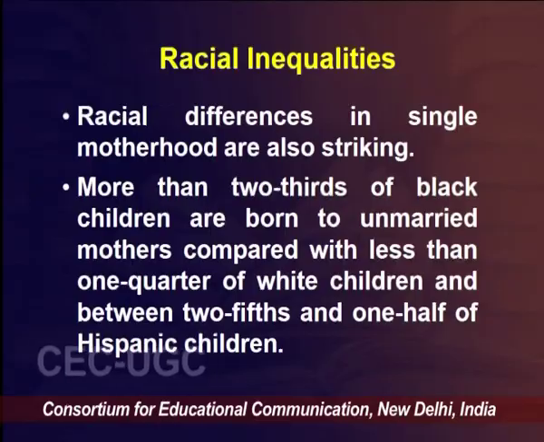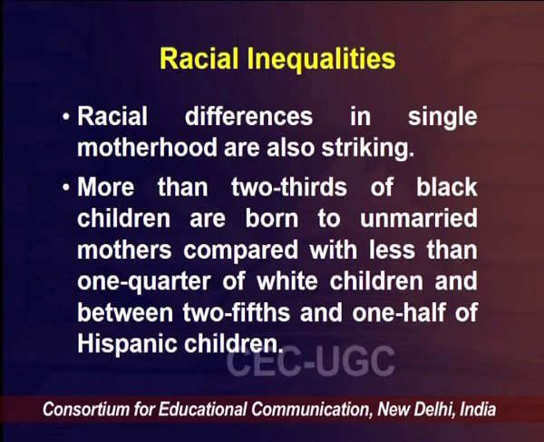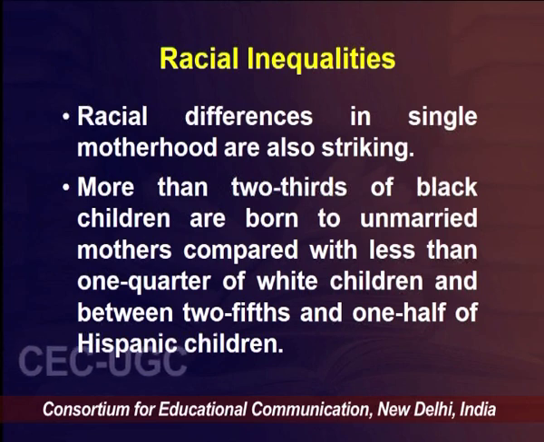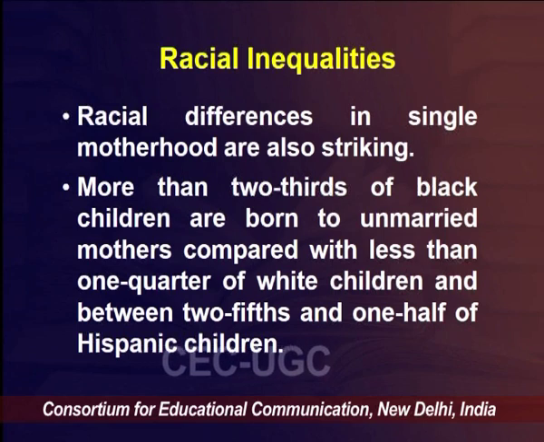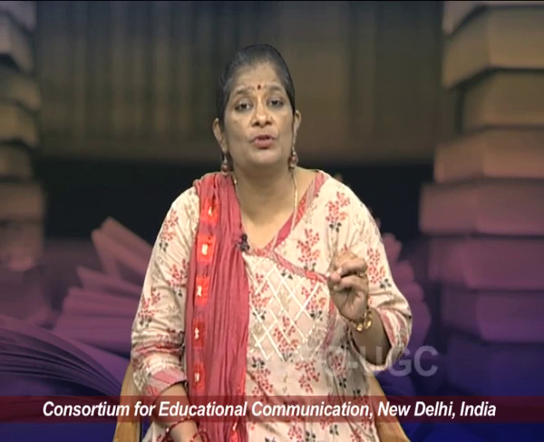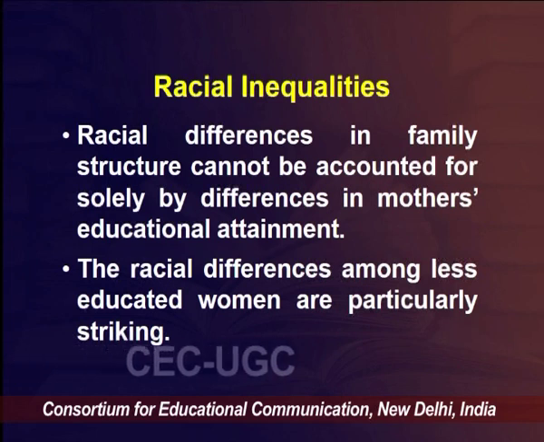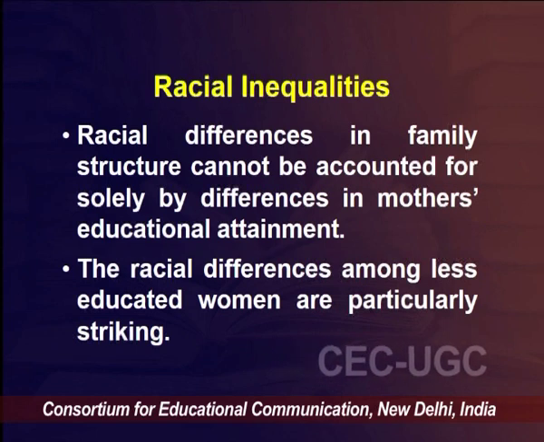The racial differences in single motherhood are also striking. More than two-thirds of black children are born to unmarried mothers, compared with less than one-quarter of white children and between two-fifths and one-half of Hispanic children. So, this data is focusing on the racial inequalities experienced, and family structure does not reduce the experience of racial inequality. Racial differences in family structure cannot be accounted for solely by differences in mothers' educational attainment.